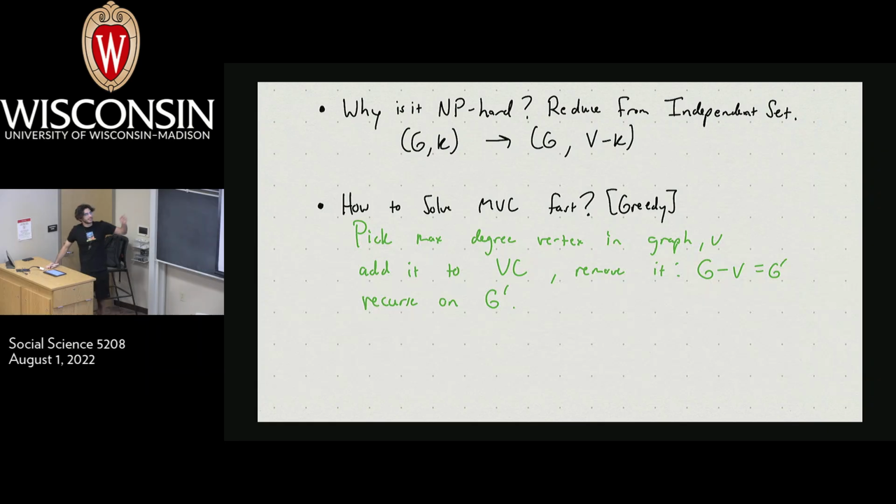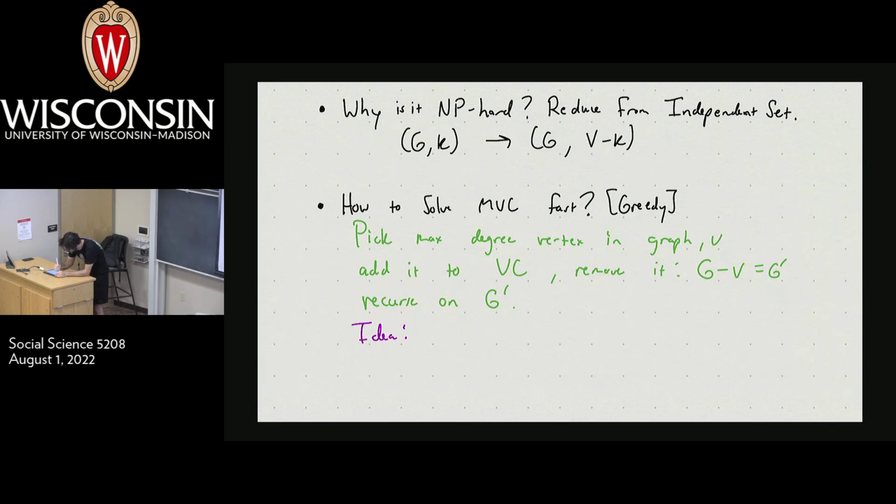So what's the idea here? Well, remember, a vertex cover is a set of nodes that touches every edge. So if we take the node that touches the most edges, that sounds like we're going to get a very small set of nodes. If we're always picking a set of nodes where each node has a ton of edges touching it, we're covering things quickly. Or at least that's how I'm thinking about it.